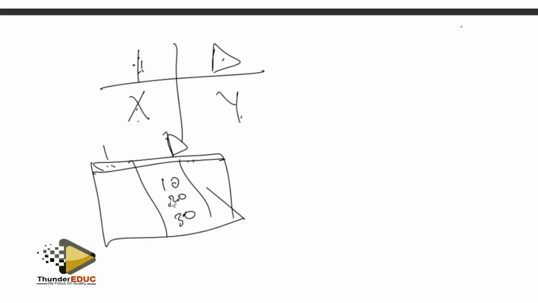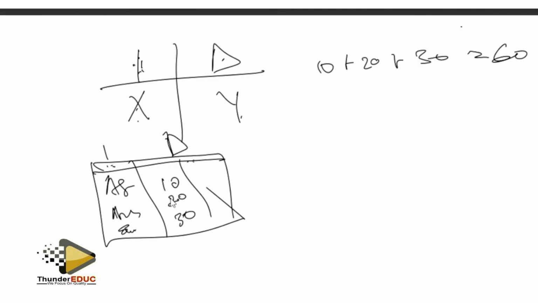For example, this is Africa, Asia, maybe Europe. Then to put this on a pie chart, you have to say 10 plus 20 plus 30. So it gives me 60.